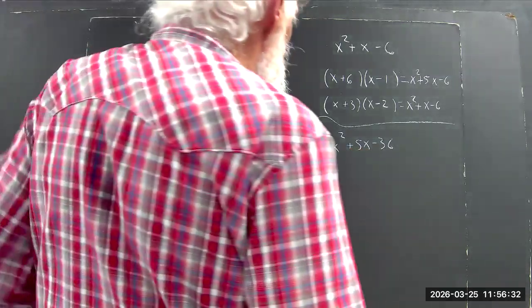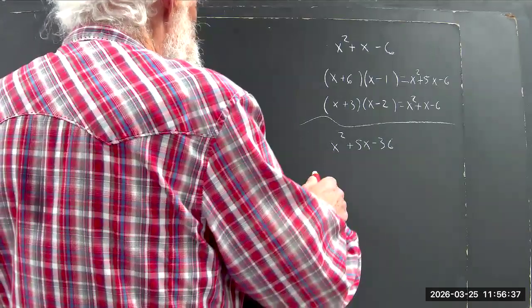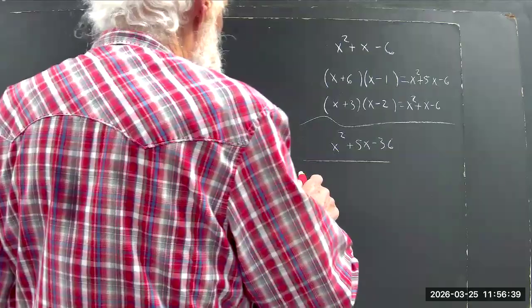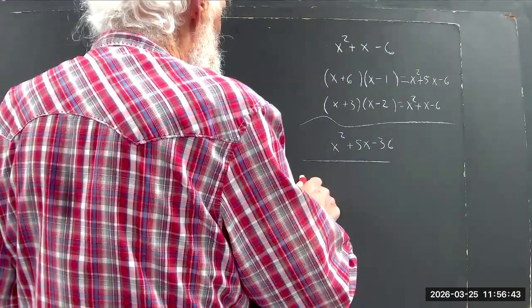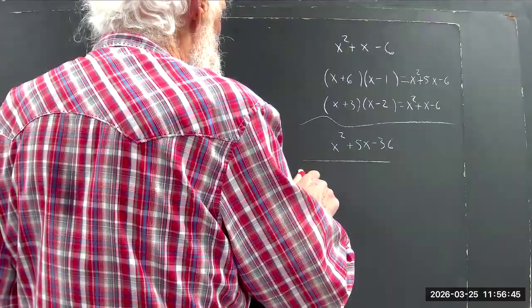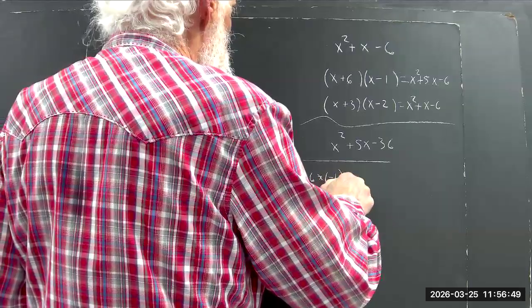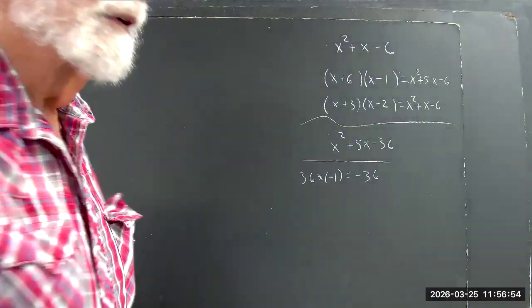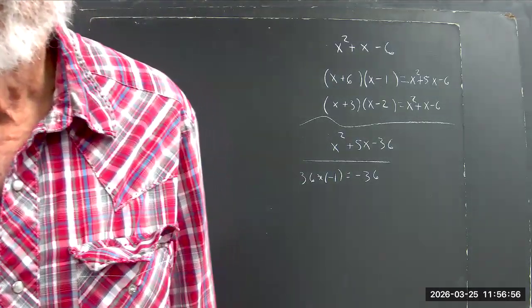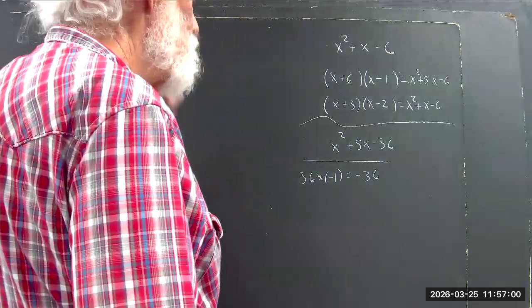But let's look at 36, okay? And I'm just going to reason it out here as follows. 6 times negative 1 is negative 36, right? There's one of your possibilities, but obviously that's not going to work.